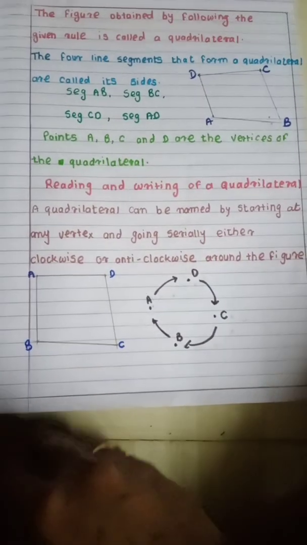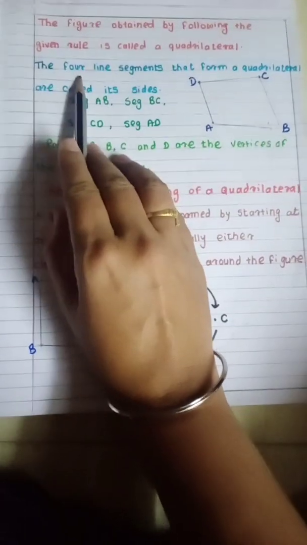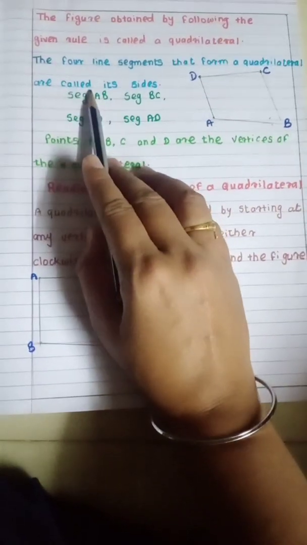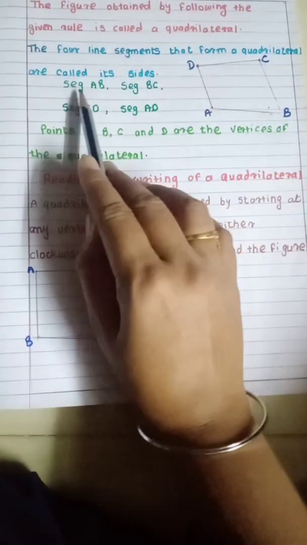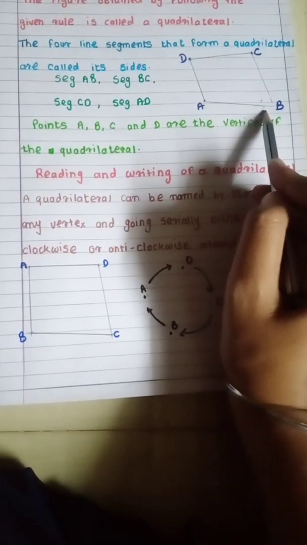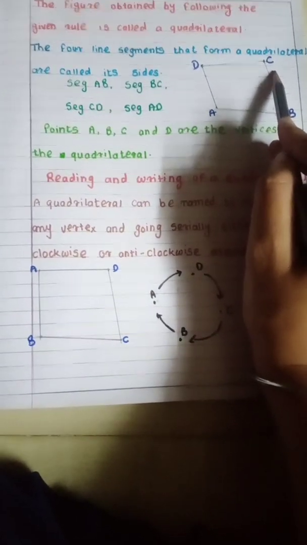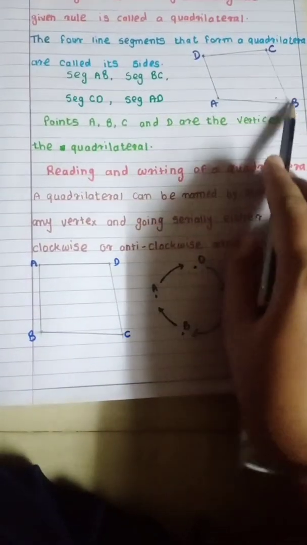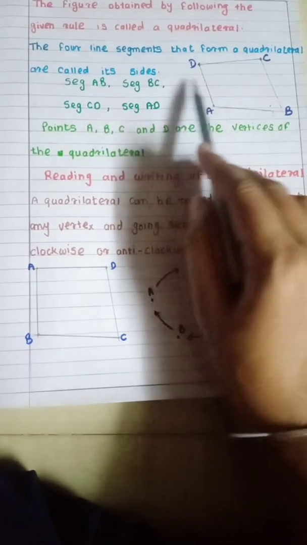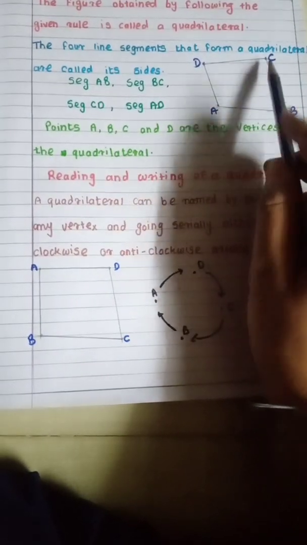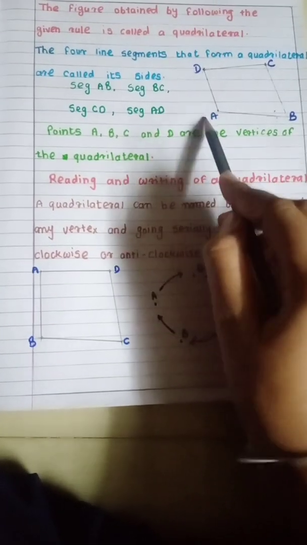Now we'll see next. The 4 line segments that form a quadrilateral are called its sides. You can see segment AB, then segment BC, segment CD and segment AD.